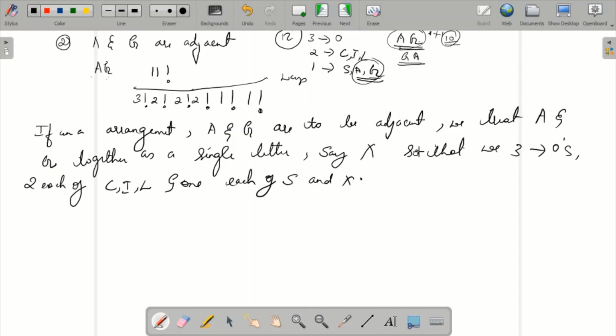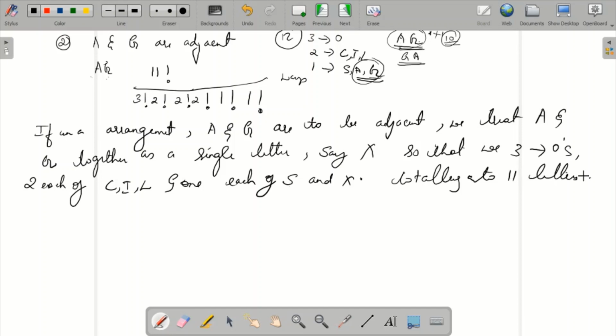So totaling how many? 3 O's; 2 each of C, I, L makes 6, so 9; 1 each of S and X makes 11. So totaling to 11 letters.